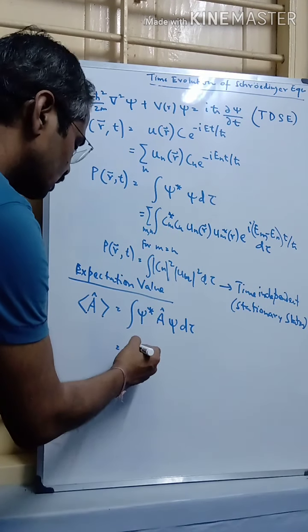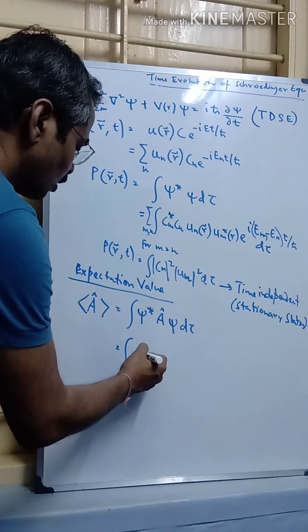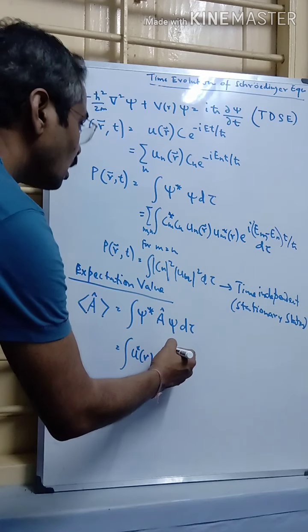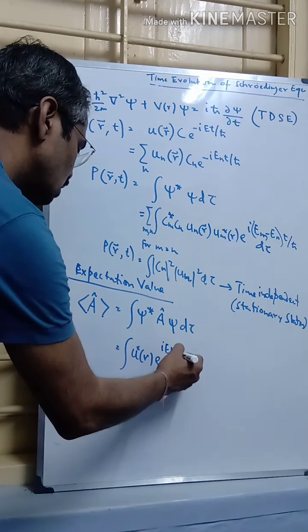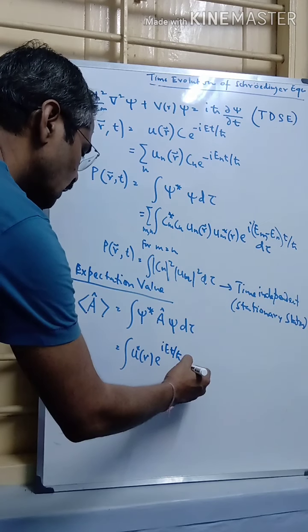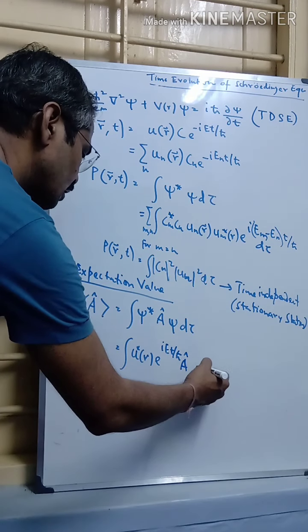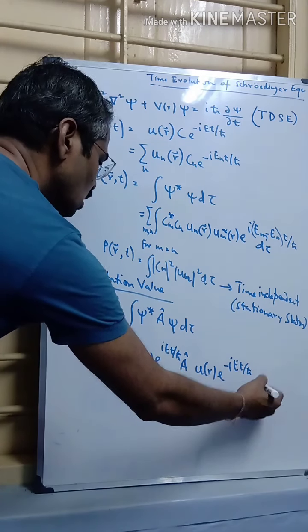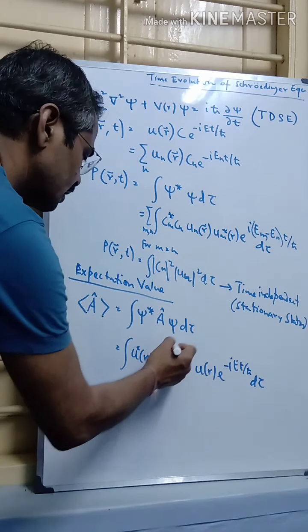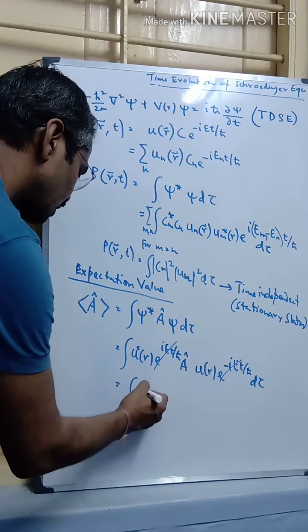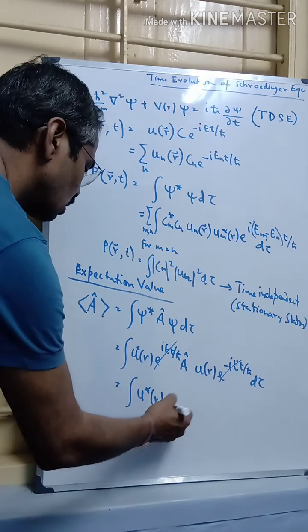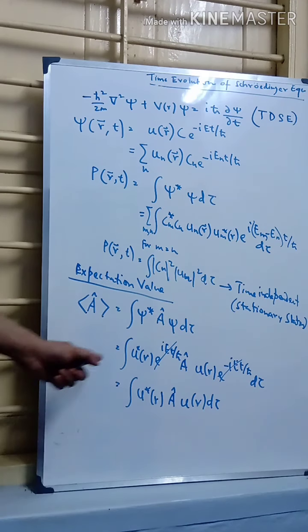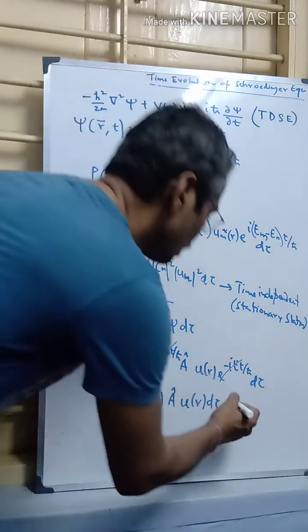Then I can say that this psi is basically equal to u star(r) e to the power i E t by h cross, A, u(r) e to the power minus i E t by h cross d tau. Then we can again say that this is something which is the integral of u star(r) A u(r) d tau.